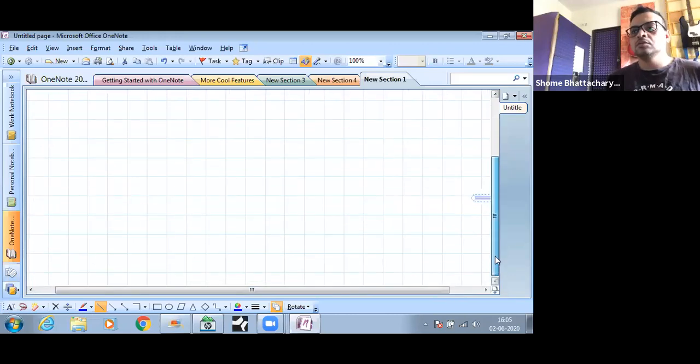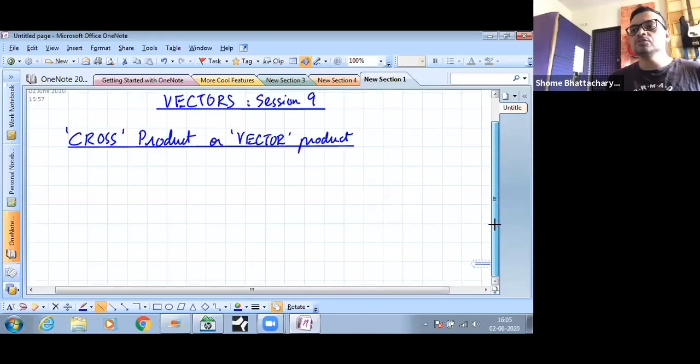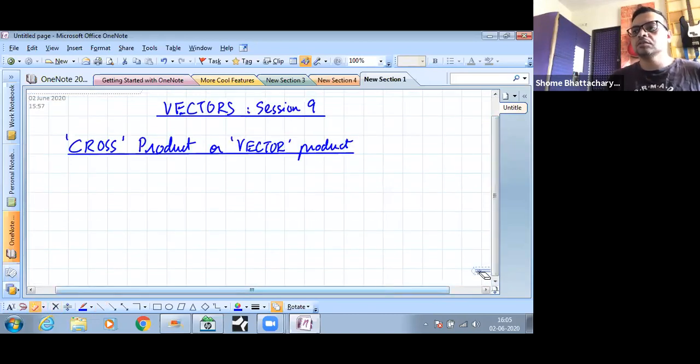So, cross product of two vectors. The symbol used for it is the cross symbol.